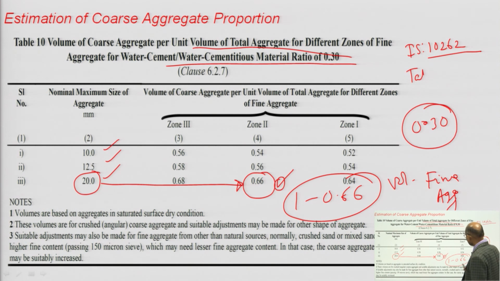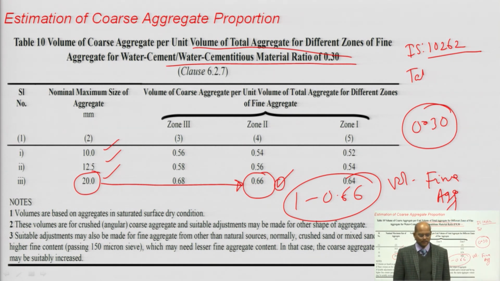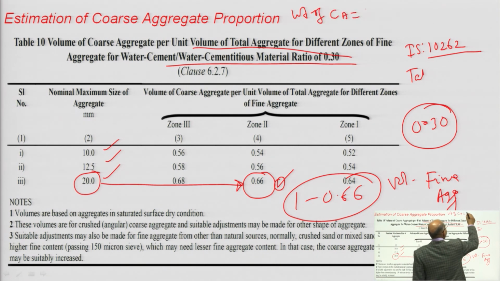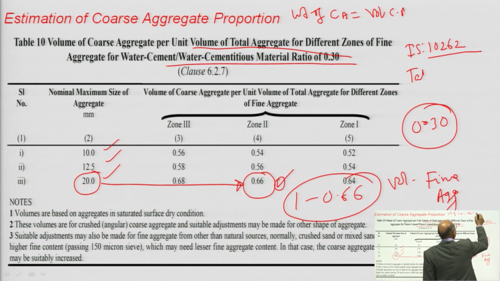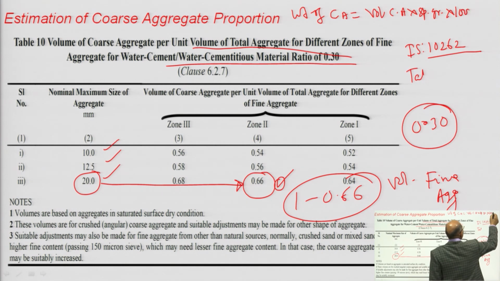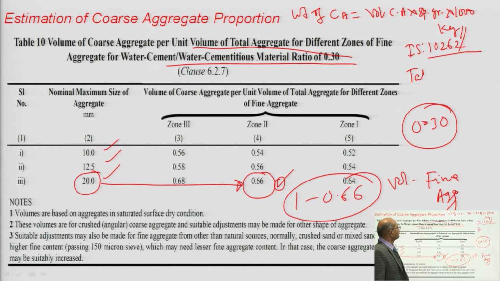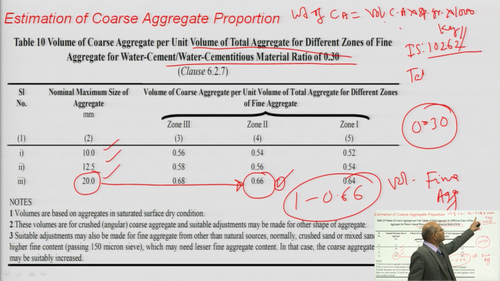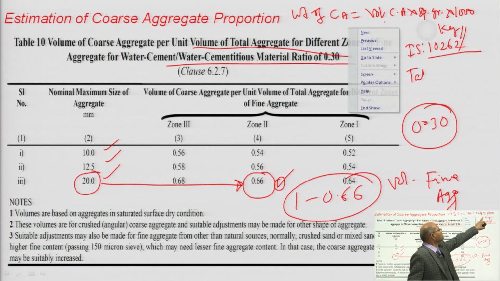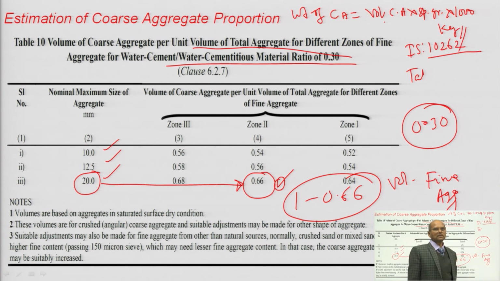So, once you know the fine aggregate volume and coarse aggregate volume, then you multiply. I want the weight of coarse aggregate. That will be given by the volume of coarse aggregate times the specific gravity times 1000, which gives it in kg. Similarly, for fine aggregate, we take the volume of fine aggregate, multiply by the specific gravity, multiply by 1000, and that is going to give you the weight.